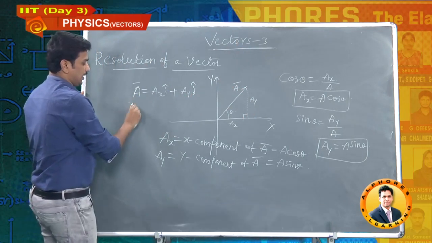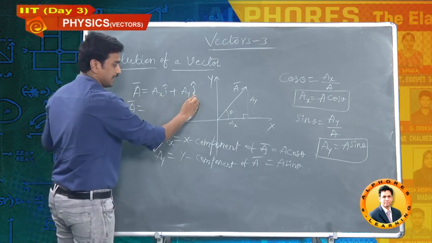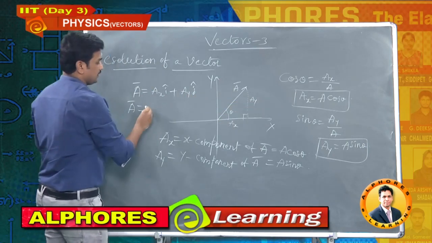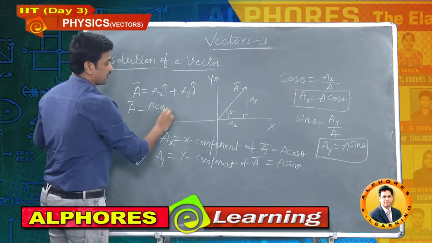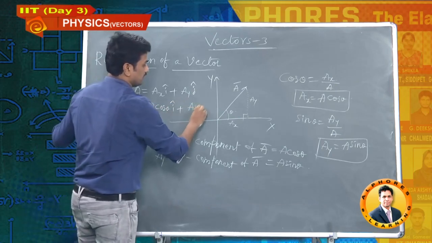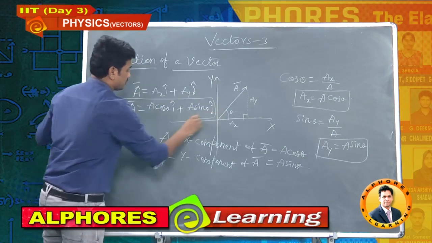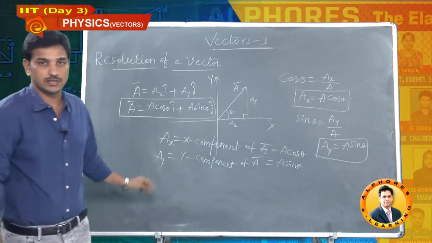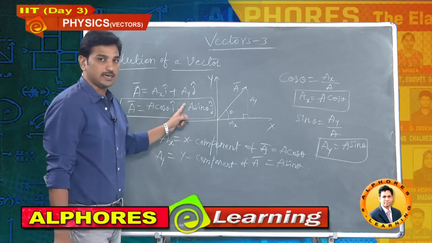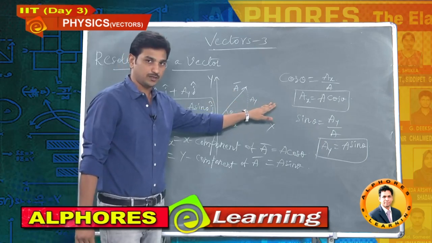Finally, A bar is equal to Ax i cap plus Ay j cap. Ax we deduced as A cos theta, Ay as A sin theta. So our final answer is A bar is equal to A cos theta i cap plus A sin theta j cap.